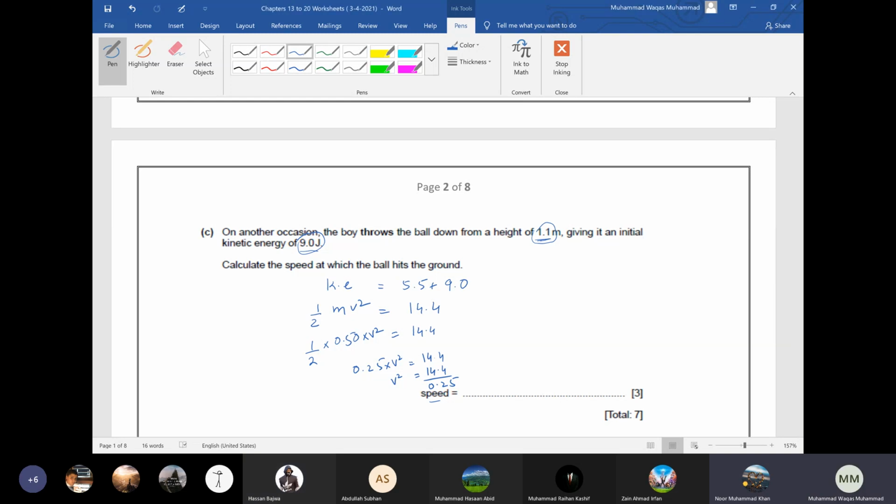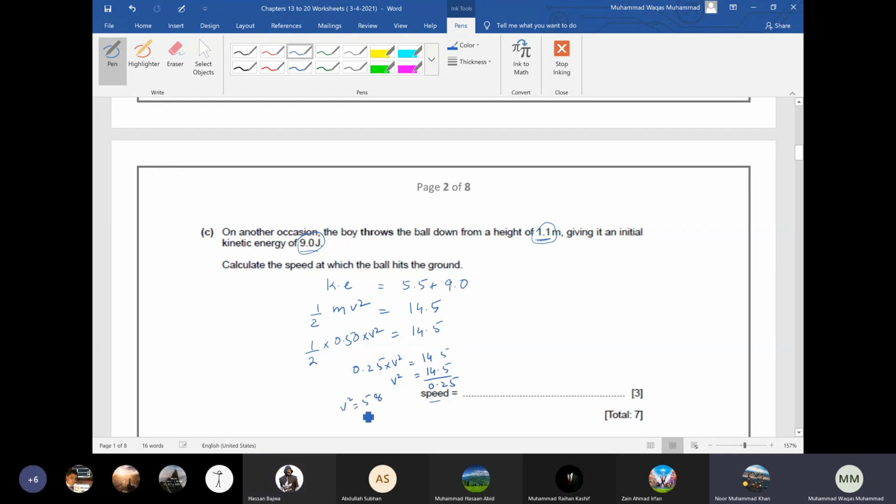Okay, sorry, my mistake, it's 14.5. So v square is equal to 58 meters per second squared.